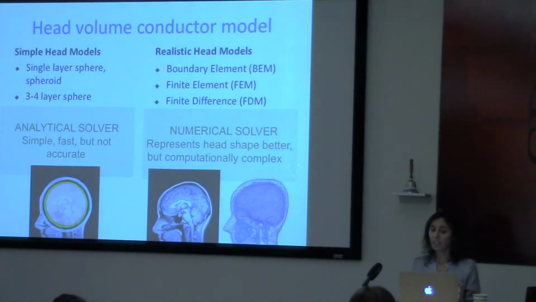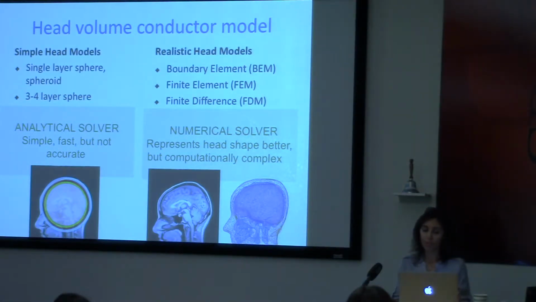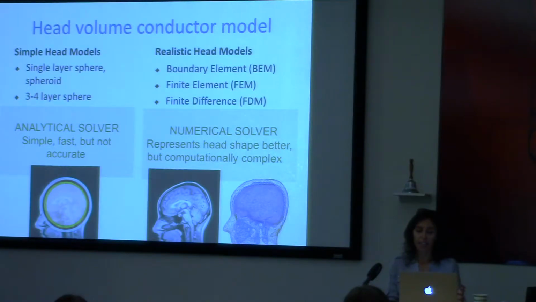So what kind of volume conductor models can we use? There are simple head models like spherical, spheroid, or multiple layer spheres, or we can use realistic head models, individualized from MRI. If we use spherical head models, the forward problem can be solved by analytical solvers.